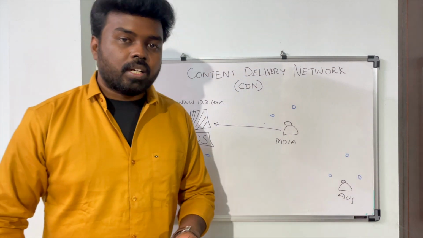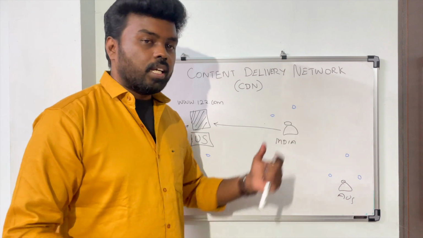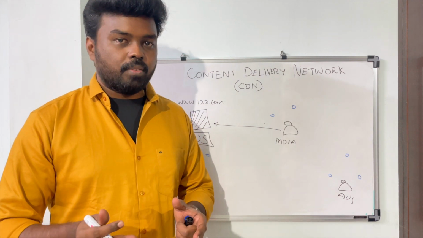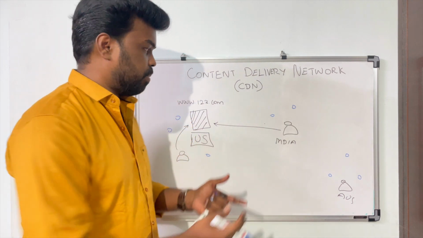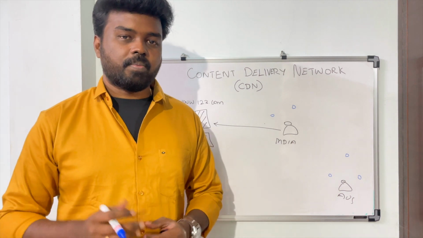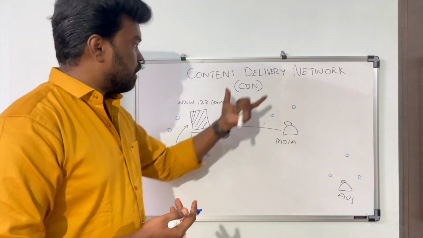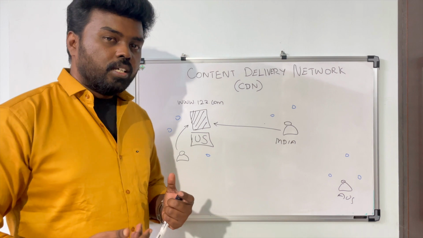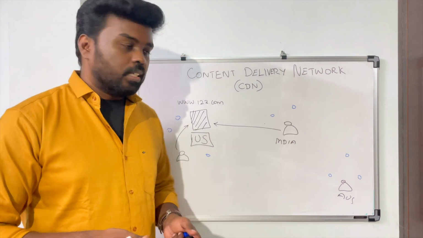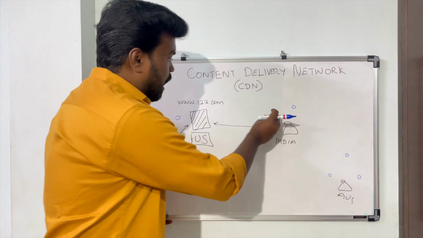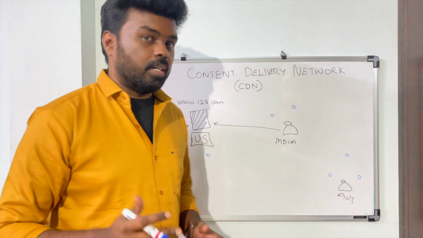When I say edge location, these edge locations are nothing but web servers which have the capability to cache your web content for a certain period of time. So when you configure the content delivery network for your website, you configure it in such a way that your website content would be cached in the edge locations for a certain period of time.